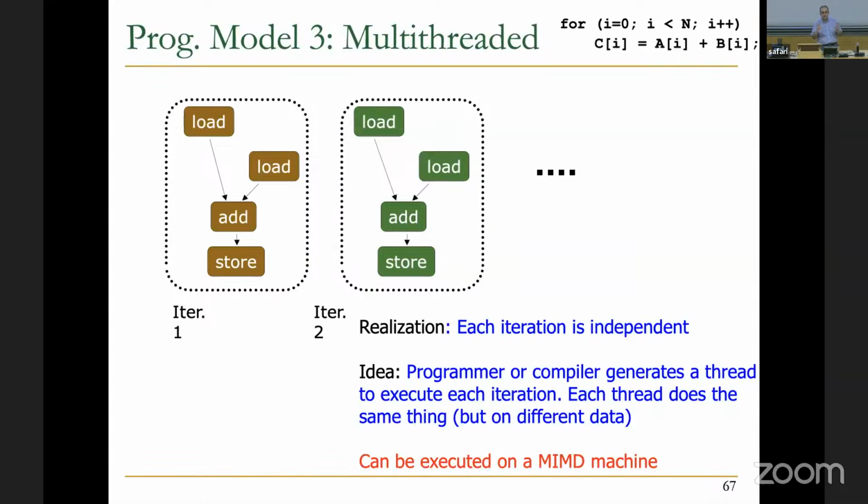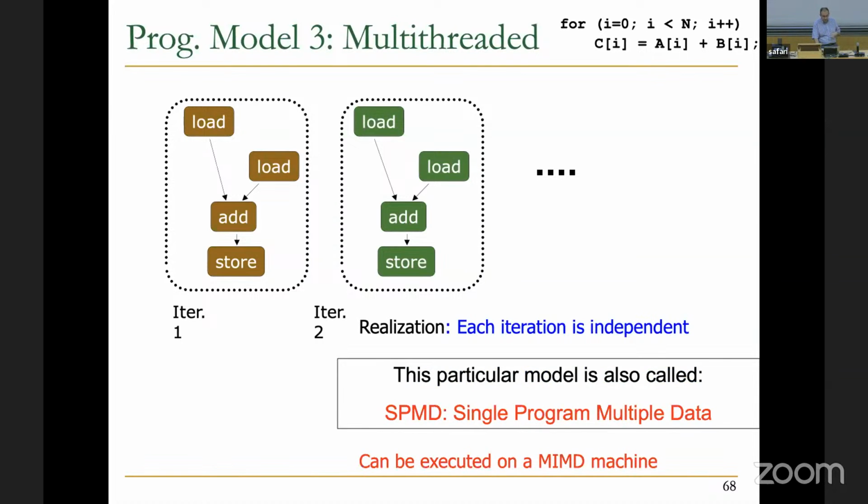So it can be like a SIMD machine, but it's also called single program multiple data, because you have multiple threads, and each thread is going to run the whole program. We call this paradigm single program multiple data, where you have a single program, which is a sequence of instructions, that is executed on multiple data elements.